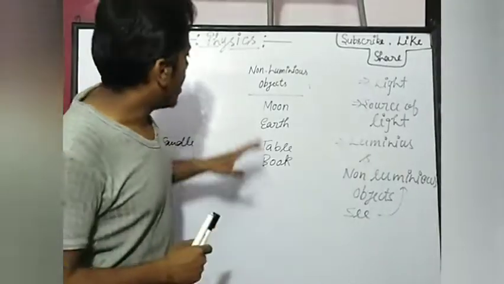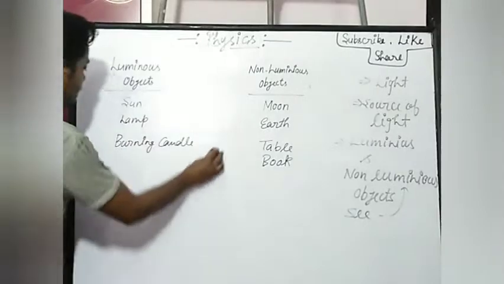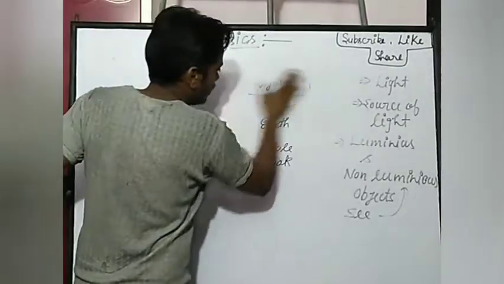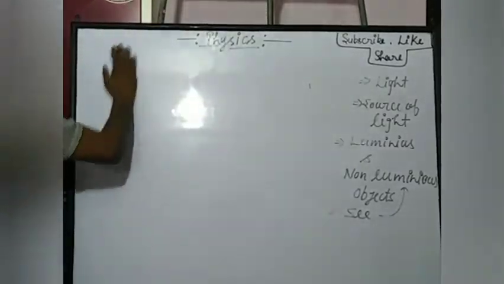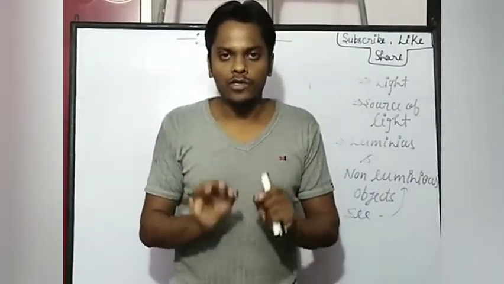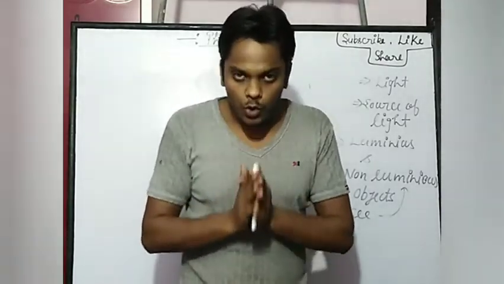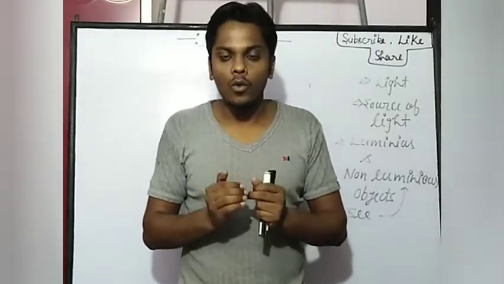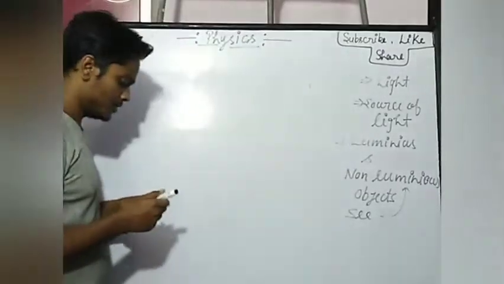So how can we see these non-luminous objects? As we have discussed, non-luminous objects are those objects which don't have their own light. Then how are we able to see them? That is our question.